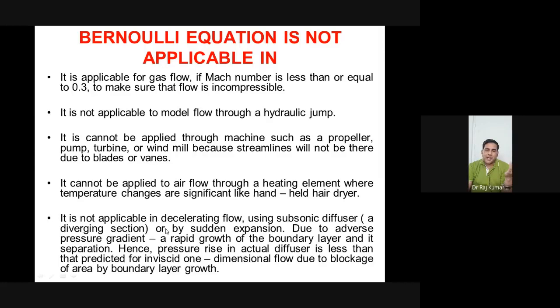Another constraint: where you have decelerating flow, where you have diffuser or divergent sections, sudden expansion or contraction, there also you don't get these flow patterns. So you have to keep in mind where the Bernoulli equation can be applied. These are some of the examples where you should skip Bernoulli. Rest of the places you can apply it.